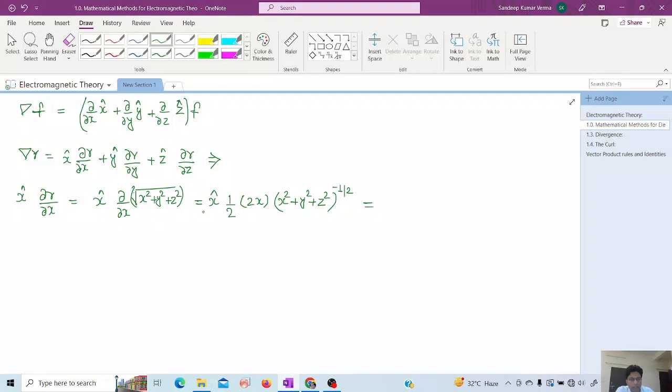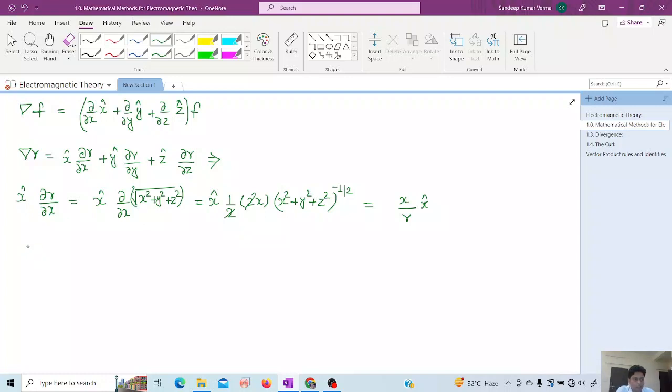If we simplify, the 2 and 2 cancel out, and this will be x/r, because 1 over √(x² + y² + z²) can be written as 1/r, times x̂.